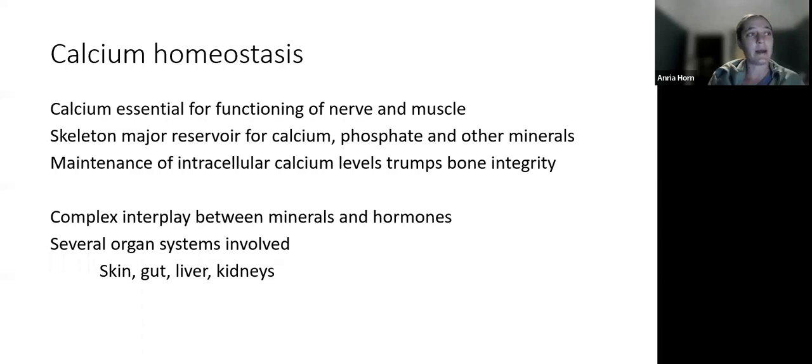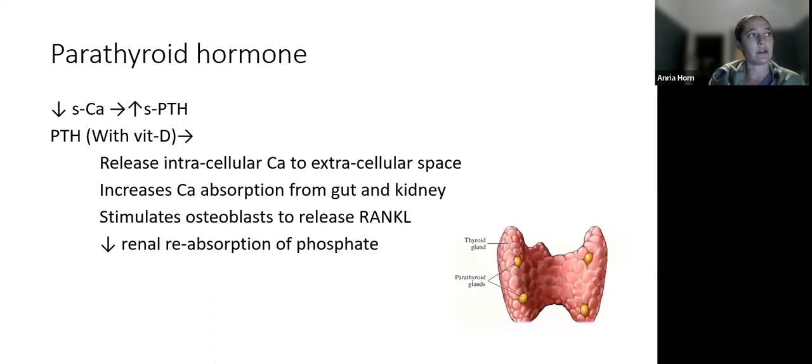There's a complex interplay between minerals and hormones, and several organ systems are involved. Just briefly, parathyroid hormone: its main action is that a decreased serum calcium will lead to an increased serum PTH. PTH functions in combination with vitamin D, so it doesn't actually function independently.